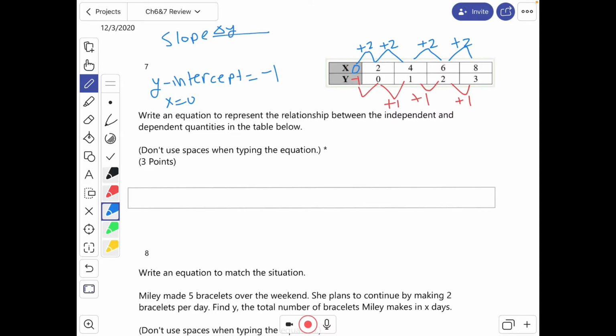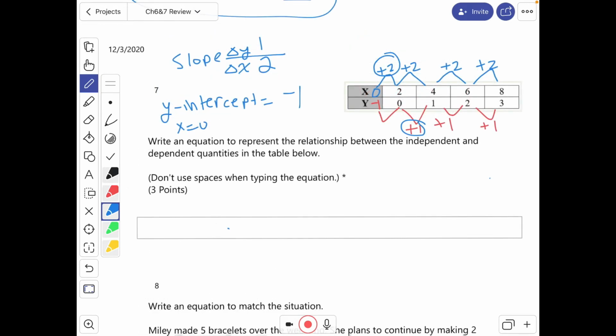Then we need to find the slope. Well, we just found what the y's were changing by. They're changing by 1. And the x's are changing by 2. Now we plug in that information into our equation.